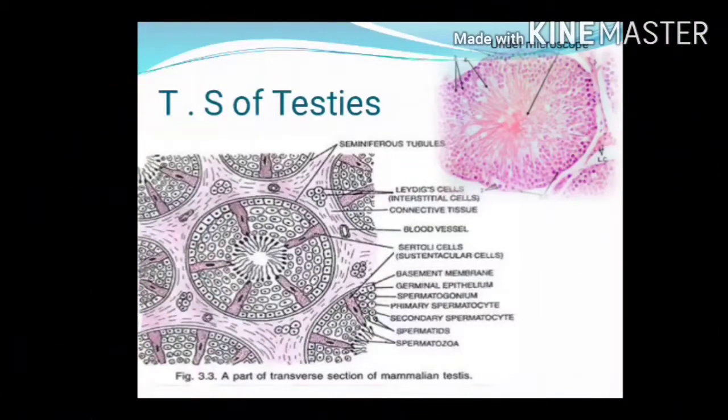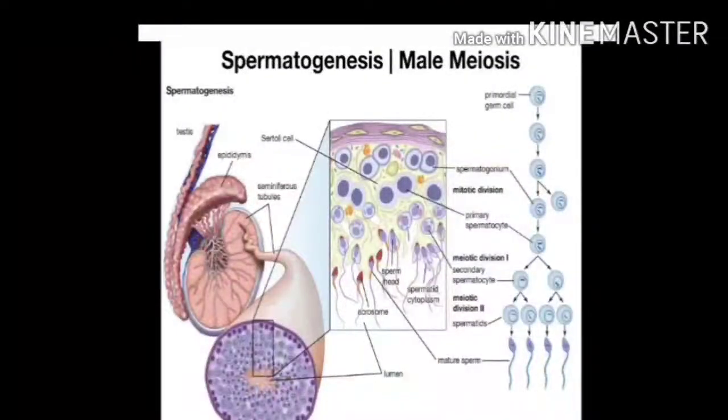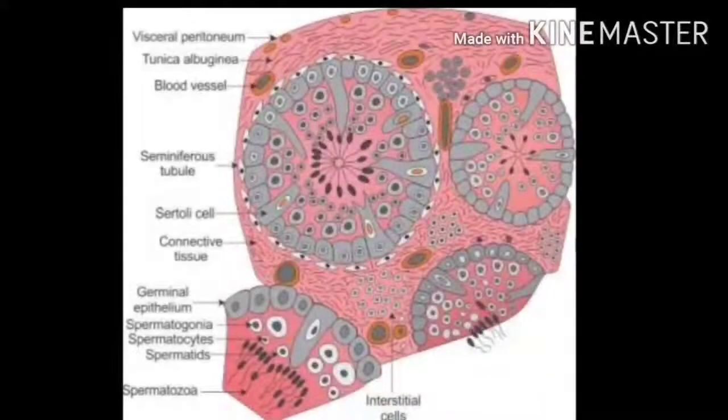Fibers from the tunica albuginea divide each testis into about 200 to 300 testicular lobules. In the diagram it is given already.